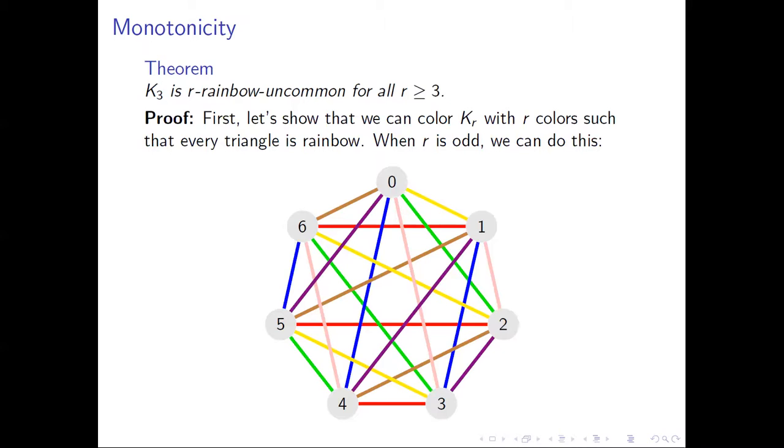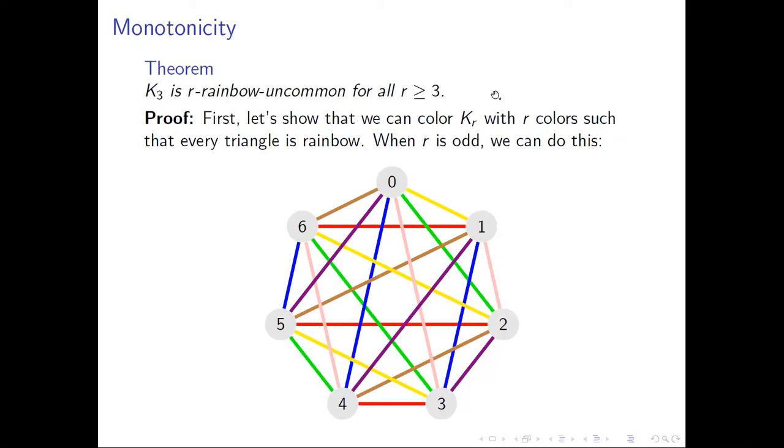So let's say we have R colors. We're going to color a KR graph like this. So here, for example, when R is odd and even, there are different ways to color it. So we'll start with odd. For example, here's where R is equal to 7. We can actually color the complete graph in such a way that all triangle subgraphs are rainbows.